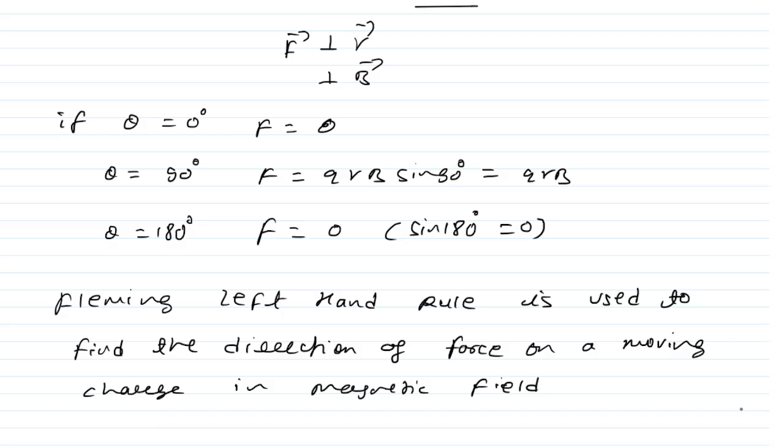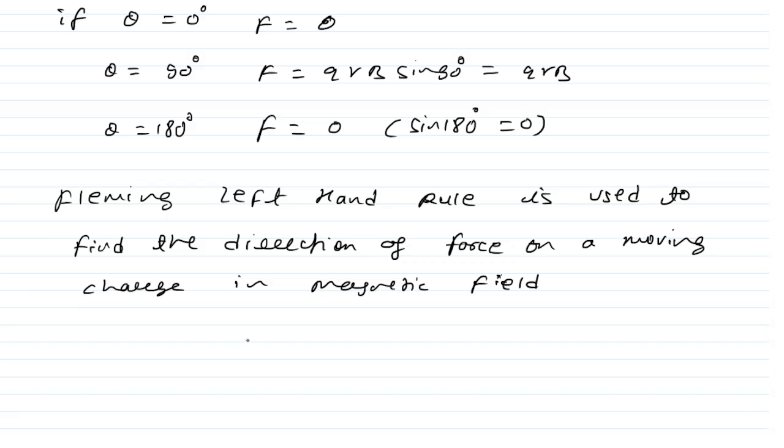So the point is, how do we apply Fleming's left hand rule? In our left hand, the forefinger is the finger just adjacent to the thumb. The forefinger points in the direction of magnetic field. Then the central finger points in the direction of current.